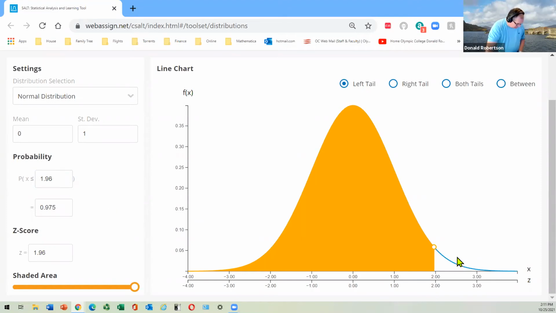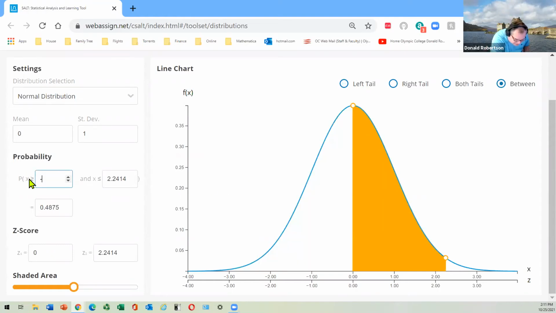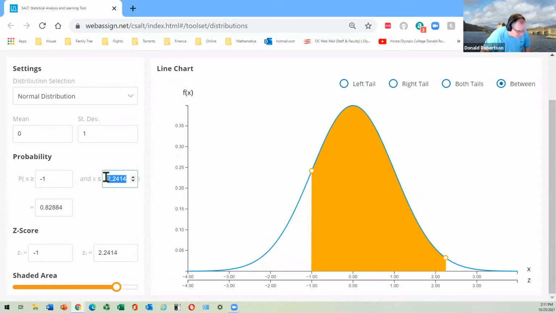Does that look like 97, 98% of everybody's going to have a Z score less than that? If they'd asked you for a between, let's say between -1 and +1, shouldn't that answer be around about 68%? Remember the 68 rule?